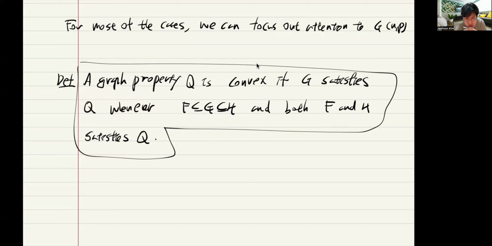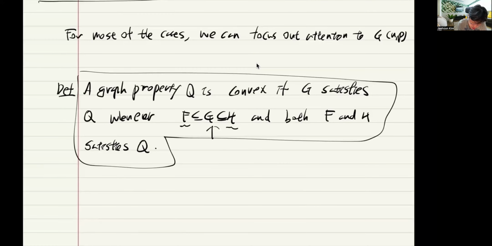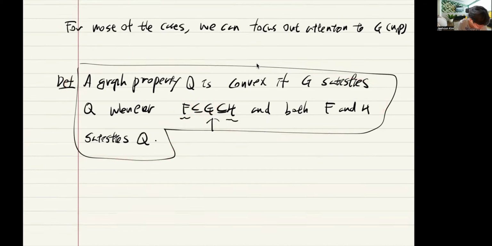For example, planarity: if G is a subgraph of a planar graph, then G is planar. The property of containing a triangle: if F contains a triangle, then G also contains a triangle. The property of having a Hamilton cycle: if F has a Hamilton cycle, G has a Hamilton cycle. So most of the interesting properties are convex.